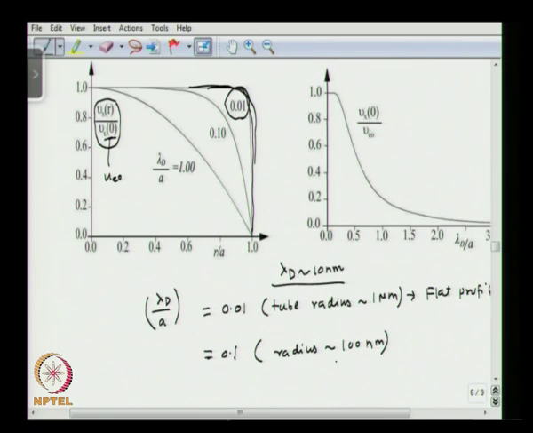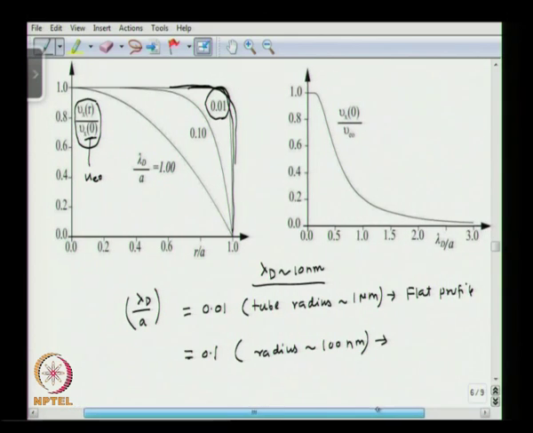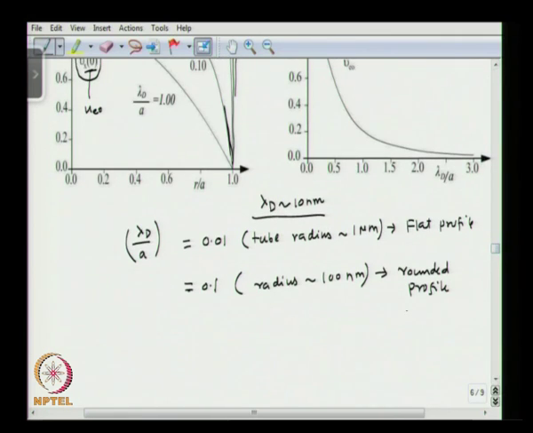So, with the radius about 100 nanometer, we see that the profile is parabolic, somewhat close to the walls, and towards the center it becomes flat. So, here we see a rounded profile, but it is flat near the center.